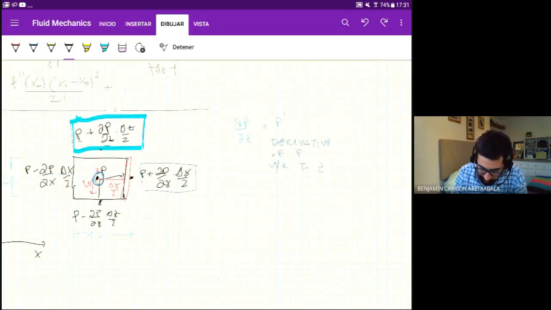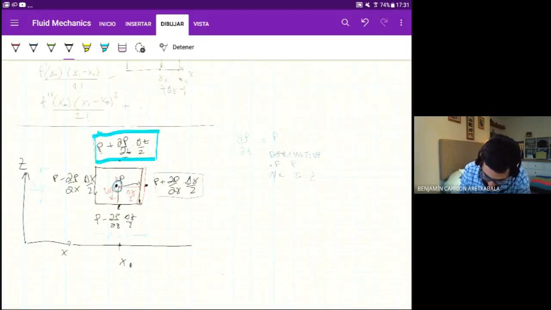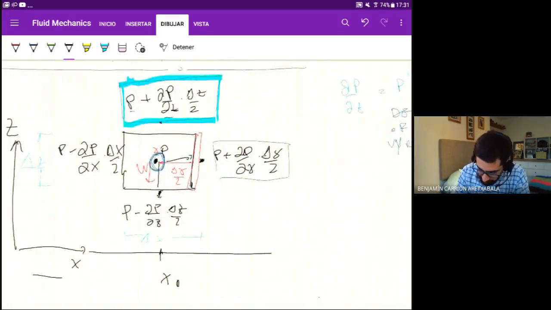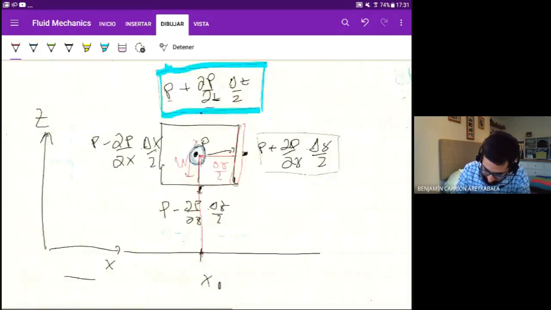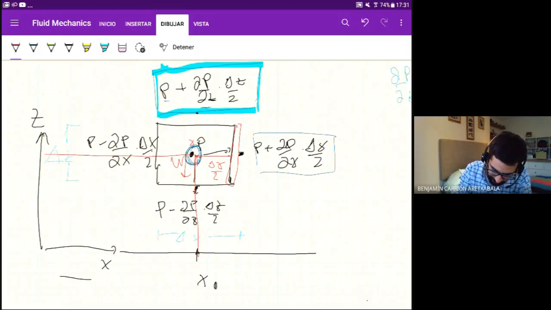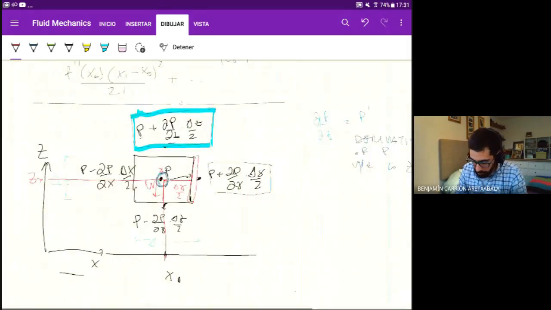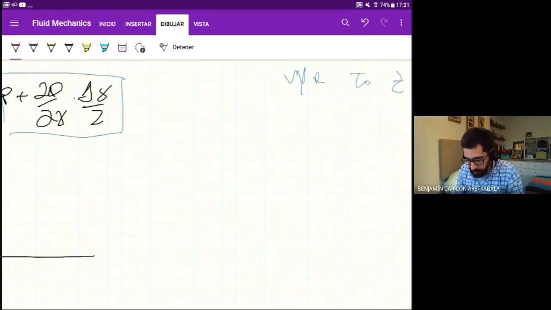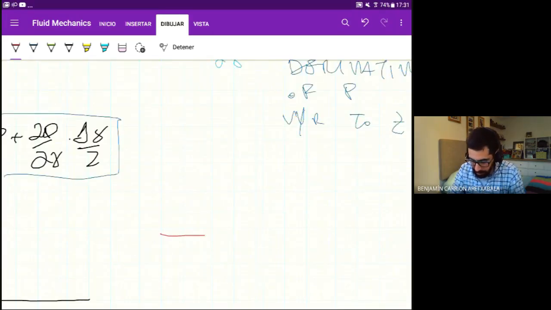Okay, so we're going to call this coordinate x0. You have to project it here. I'll just do it. Okay, so this is x0 and this is z0. Normally we engineers tend to abuse notation.